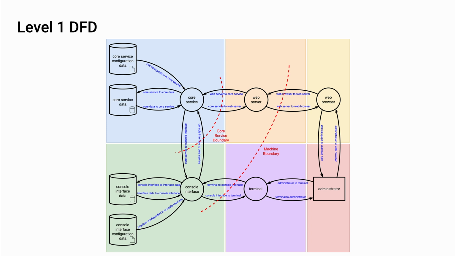This diagram doesn't show a boundary between the resources and the processes. This is a simplification, and the reason for it is that there's an implicit trust between the core service, the console interface, and their respective resources, data stores in this case. So we don't bother putting that there.